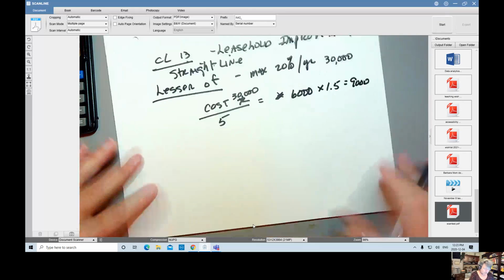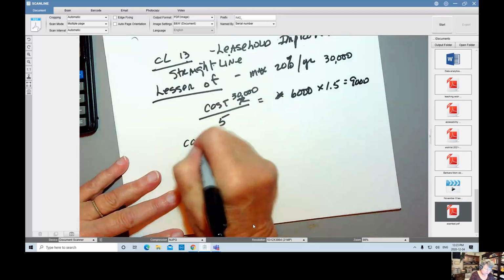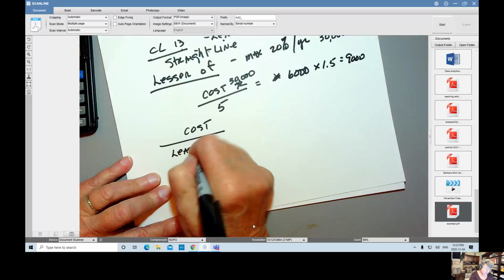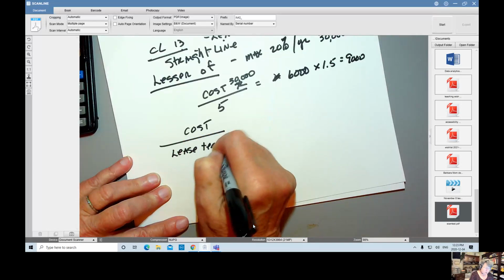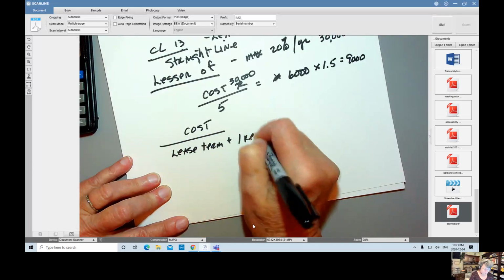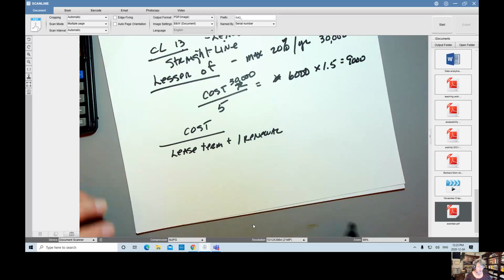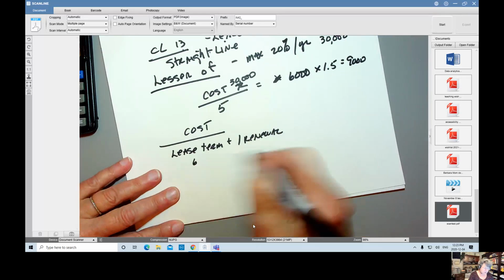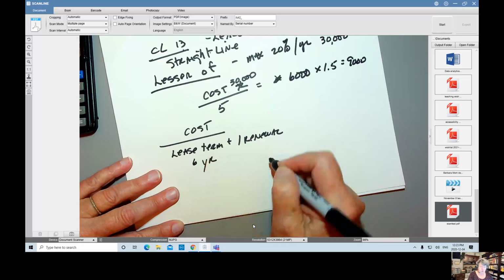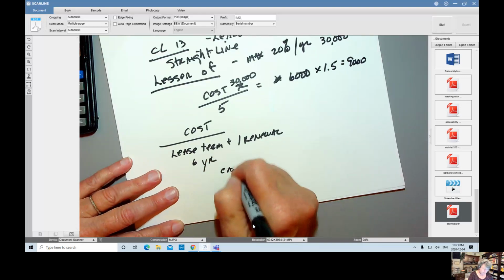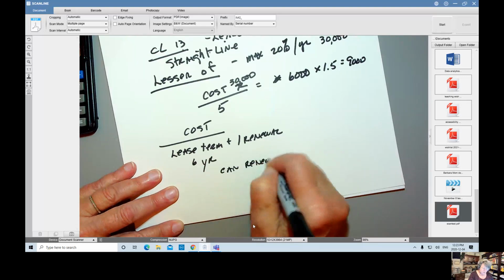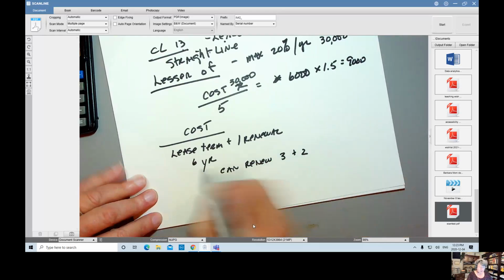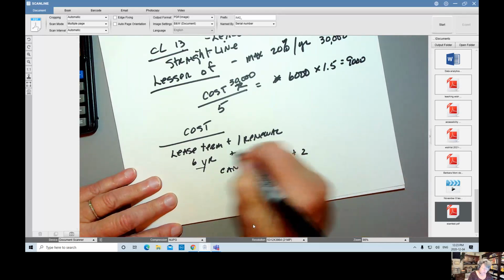The other calculation would be the cost divided by the lease term plus 1 renewal. So if the lease term is, say, 6 years and you have the right to renew twice, one for 3 years plus 2 years, I would take the 6 plus the 3.